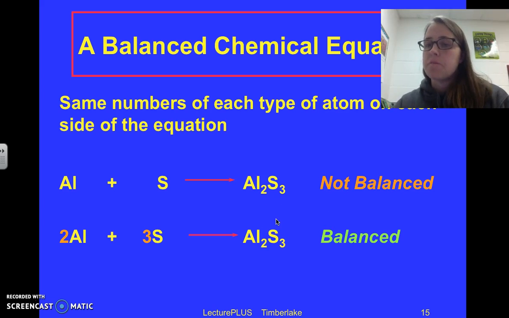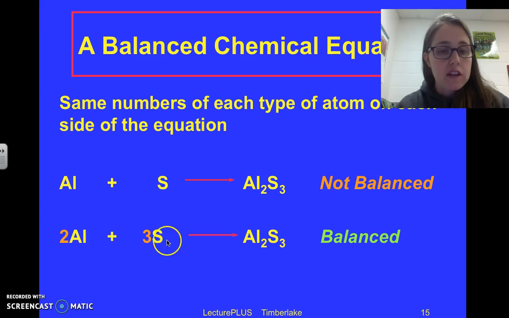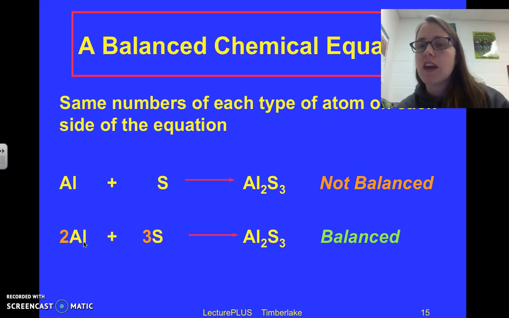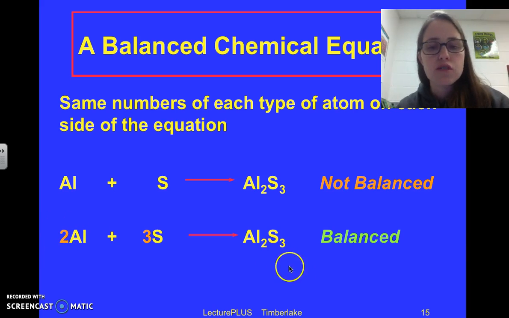Now we can balance it by adding coefficients, not by changing the subscripts, which we'll talk about in a sec. But notice how the subscripts don't change on any of these, because that changes the identity of the compound. Instead, what we do is we add coefficients. So we knew we had 2 aluminums on this side, so we add a 2 for a coefficient here.